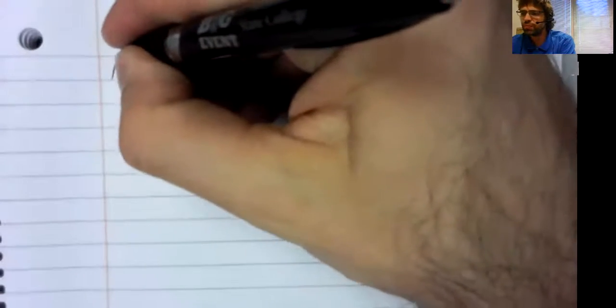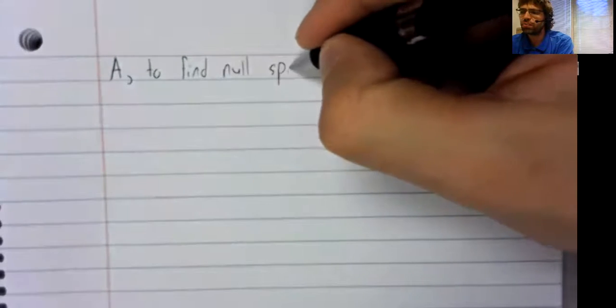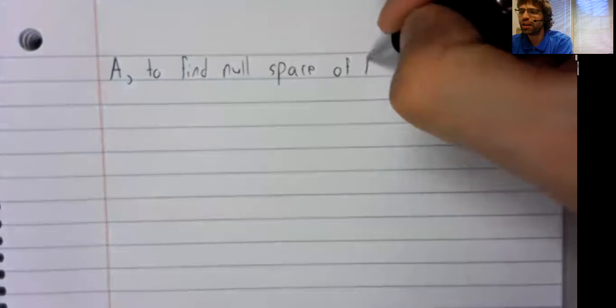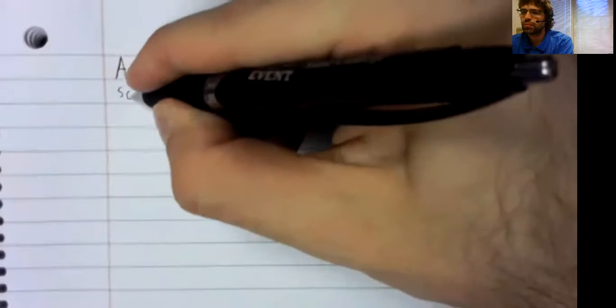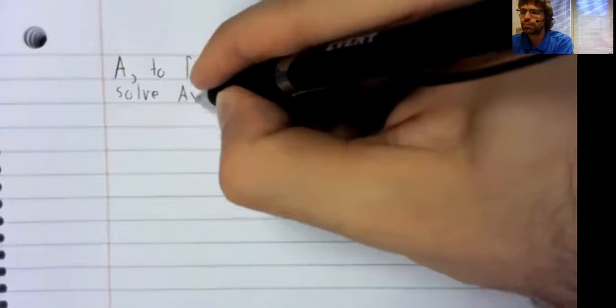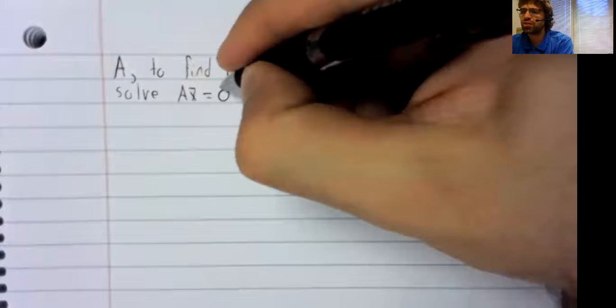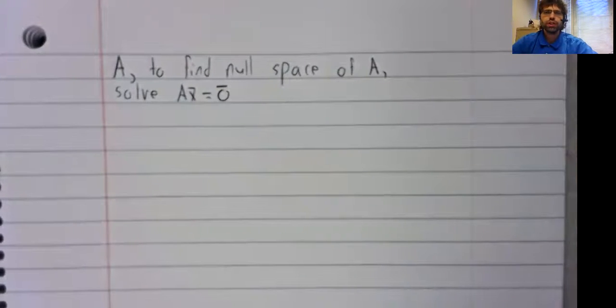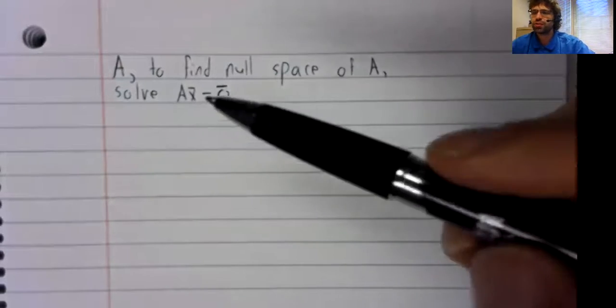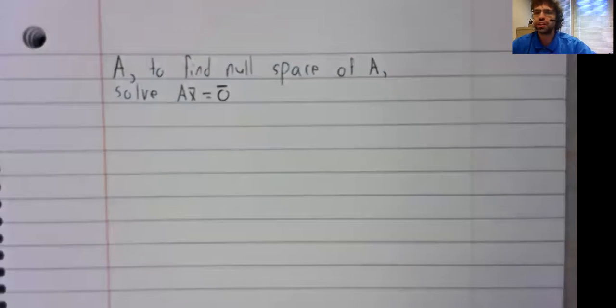Really, we already know how to find a basis for a null space, because to find the null space of a matrix A, you solve AX equals 0, which hopefully you are by now capable of doing. You just do a little Gauss-Jordan elimination.